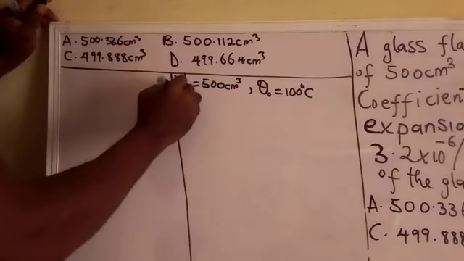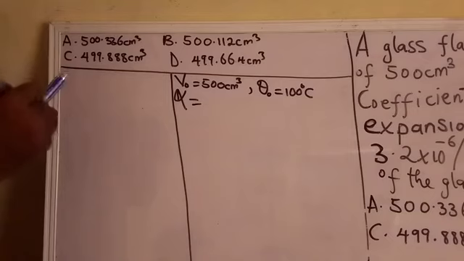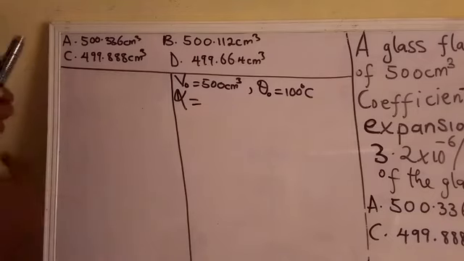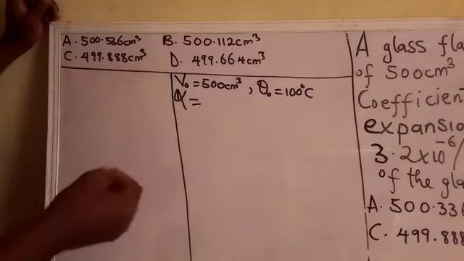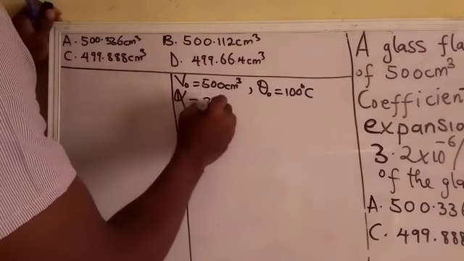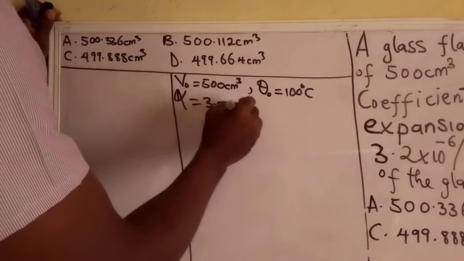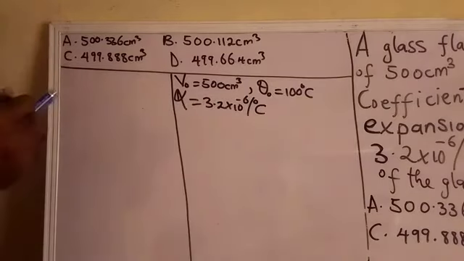And we are told that linear expansivity for the glass solid, that means the rate at which this glass flask increases in length for every degree change in temperature, is 3.2 times 10 raised to the power minus 6 per degree Celsius.